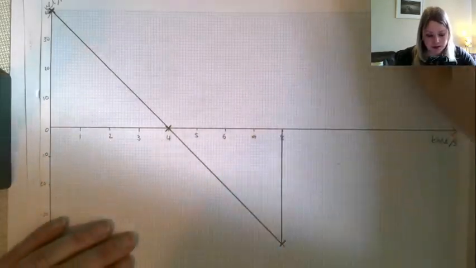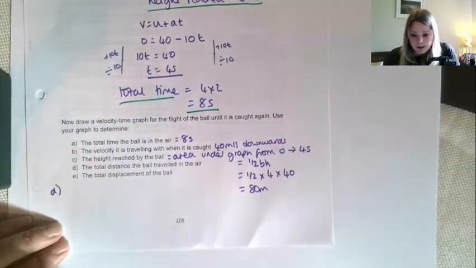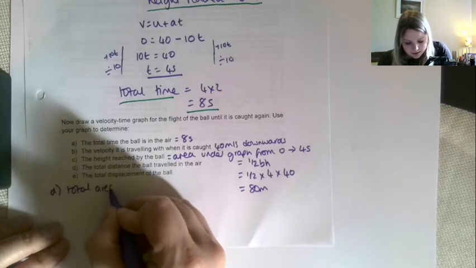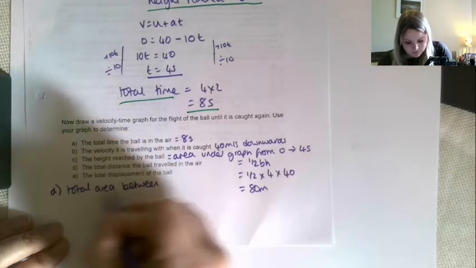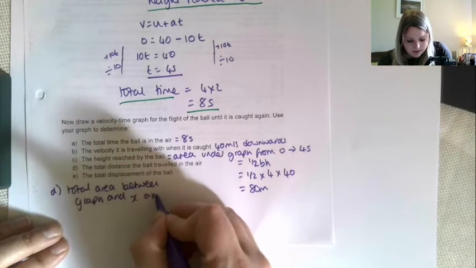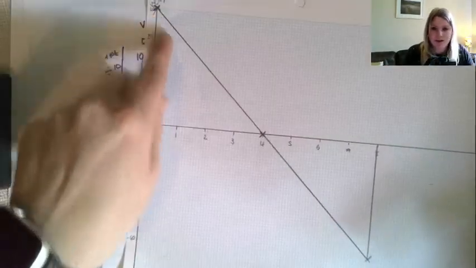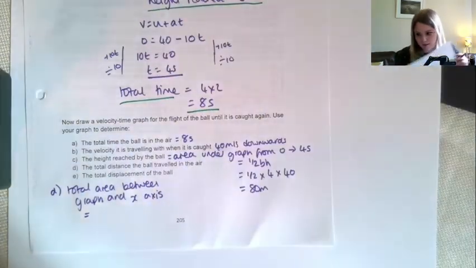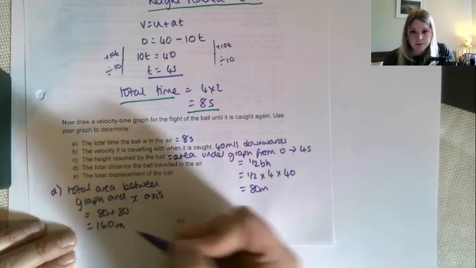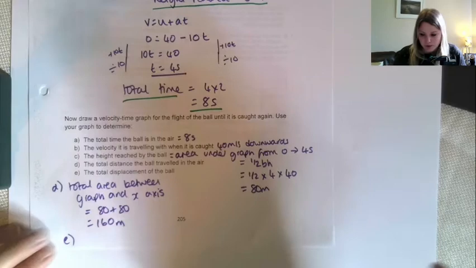So for part D, it's the total area between the graph and the x-axis. So we've just figured out that this area is 80. This one's going to be 80 as well. So 80 plus 80 gives me 160 meters.